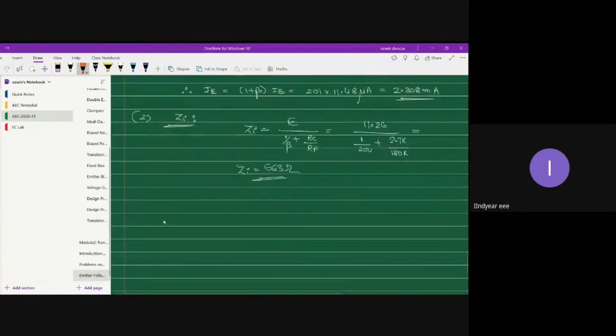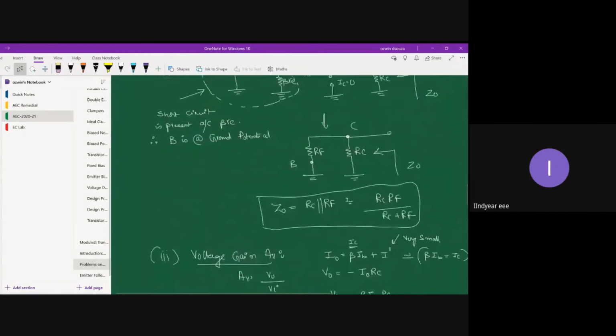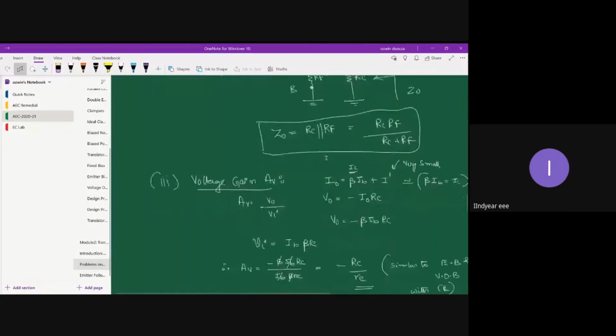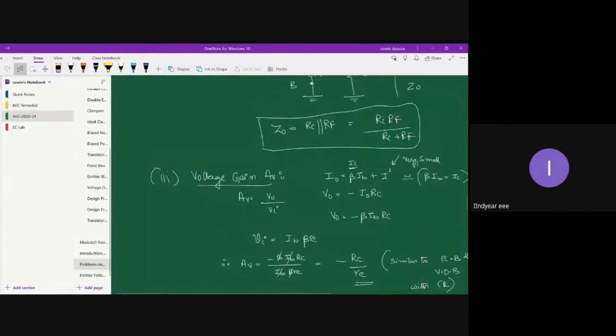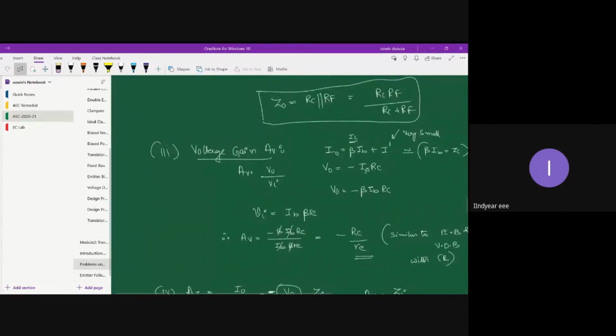Next, what we have is Z0. For Z0, we directly obtain Z0 as RC. So RC is 2.7 kilo. Let me show you in the previous analysis. See, RC parallel with RF, but it is very small, so you can always say that Z0 is closer to RC itself.